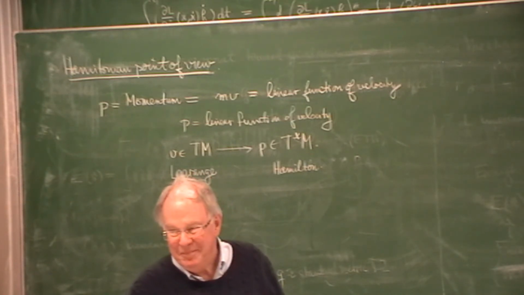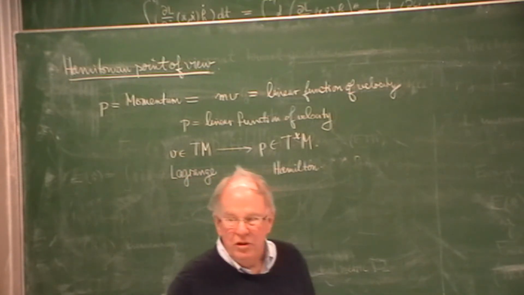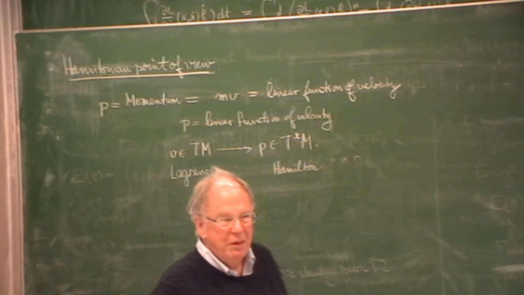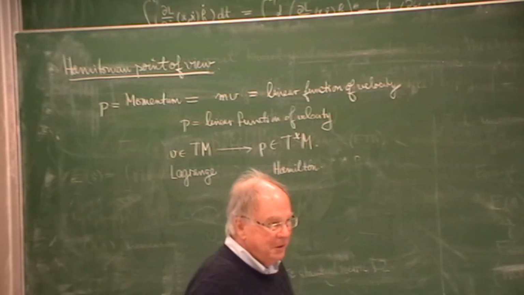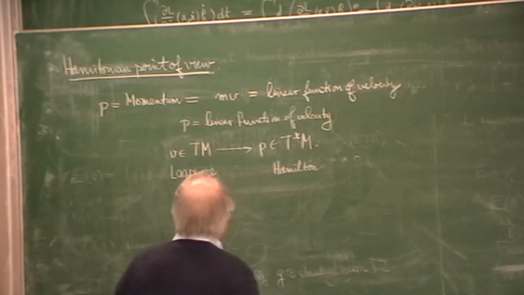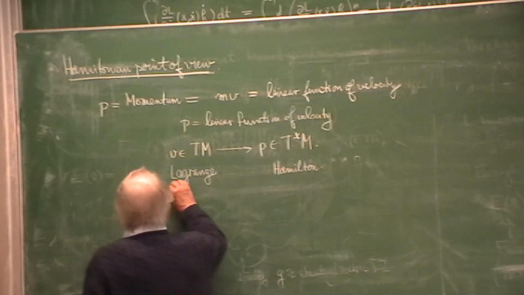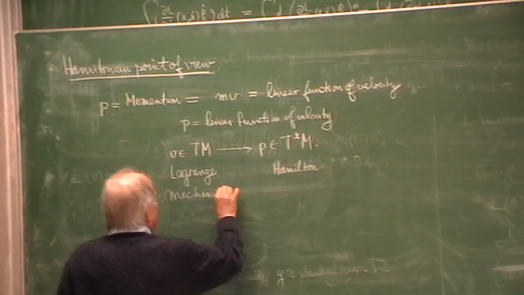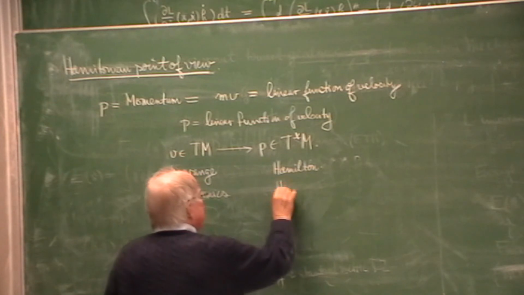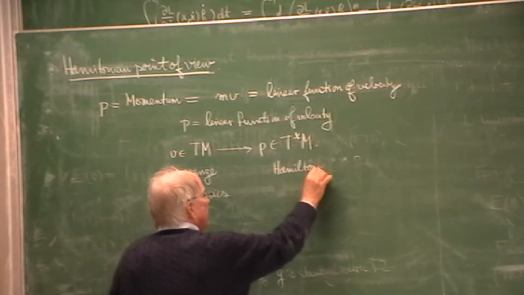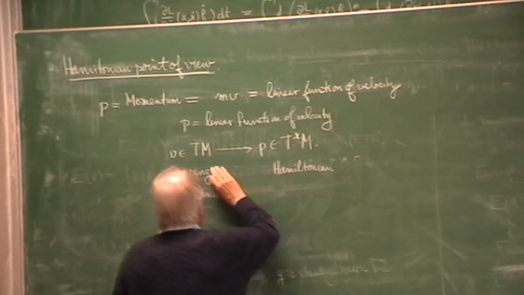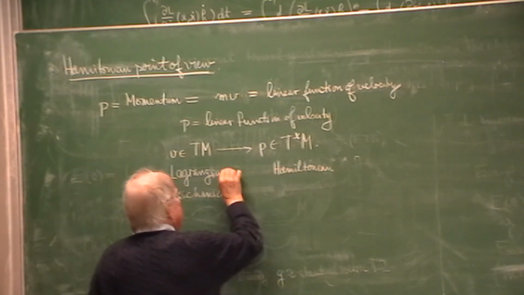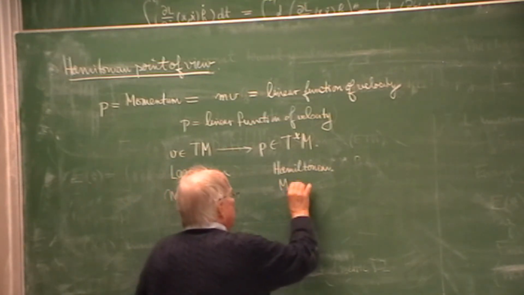He did a lot. And what I'm talking about here is really fundamental, in my mind, far more fundamental than any little quantum. So we have what we call here Lagrangian mechanics. And what we have here is Hamiltonian mechanics. So Lagrangian mechanics and Hamiltonian mechanics.